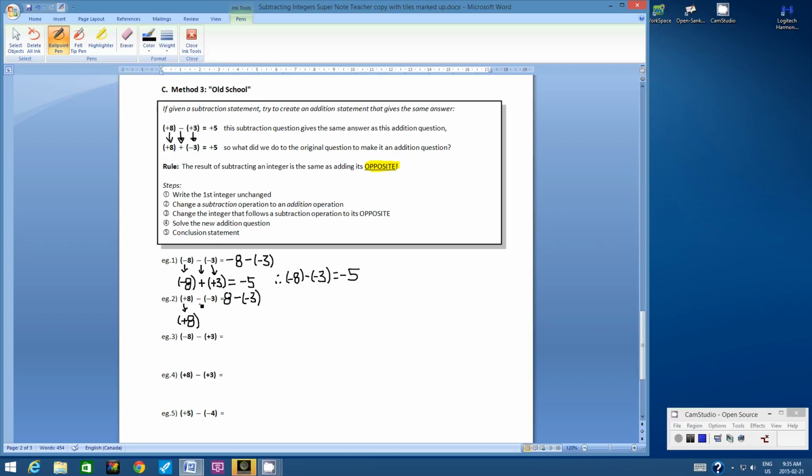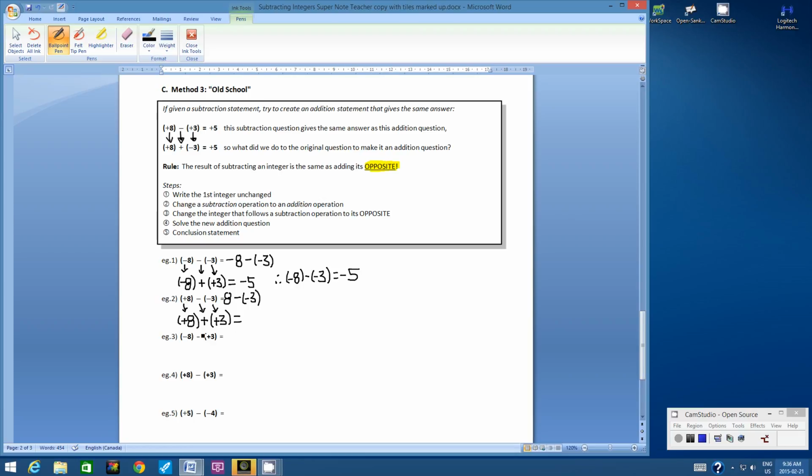Step 2, change the subtraction to an addition operation. Step 3, change the integer that follows a subtraction to its opposite. Well, the opposite of negative 3 is positive 3. Then we're left with an addition statement.